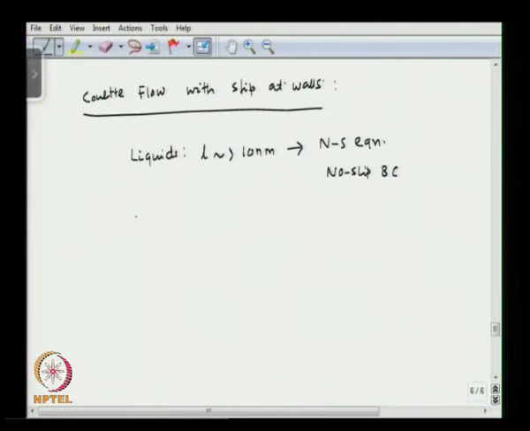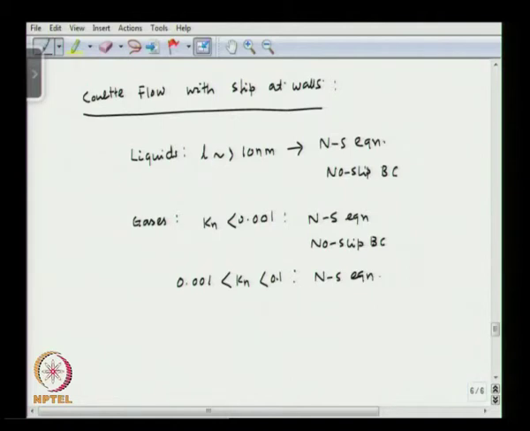Now, for gases, if Knudsen number is less than 0.001, we can use Navier-Stokes equation and no slip boundary condition. If Knudsen number is between 0.001 to 0.1, we can use Navier-Stokes equation with slip boundary condition.